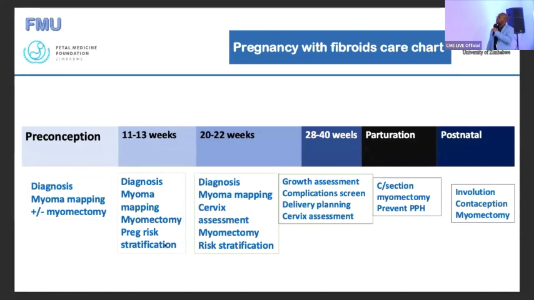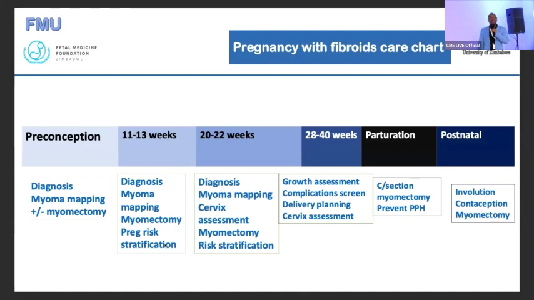And it's a repetition of what we've just been describing. Preconception, early pregnancy, and then it's 20 to 22 weeks. We continue mapping. We do the anatomy scan. You stratify the risk of pregnancy loss. And then you assess growth.